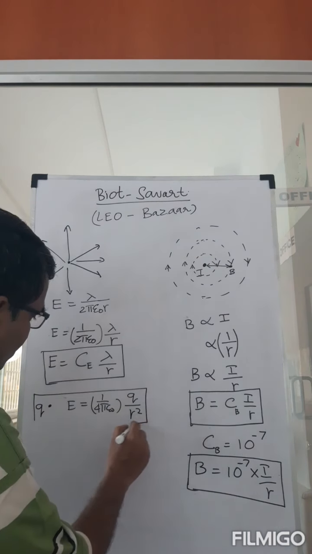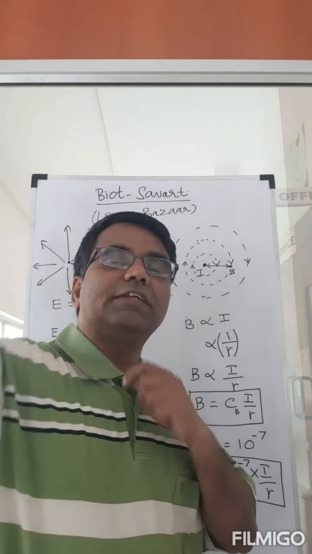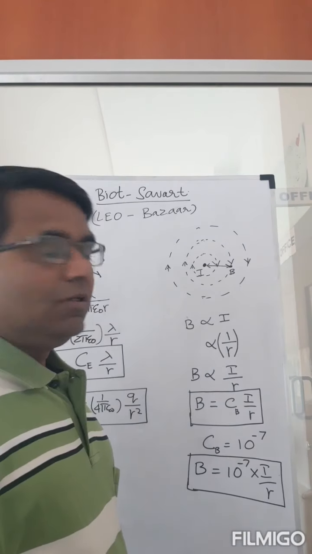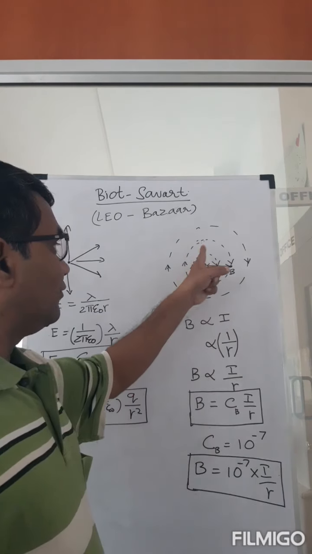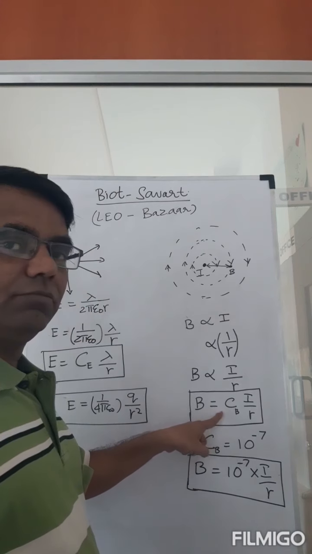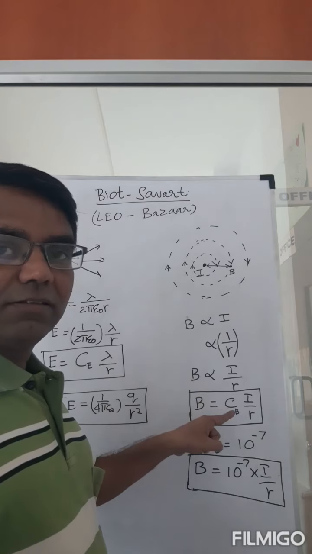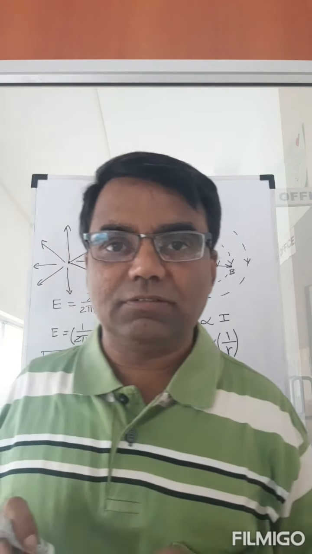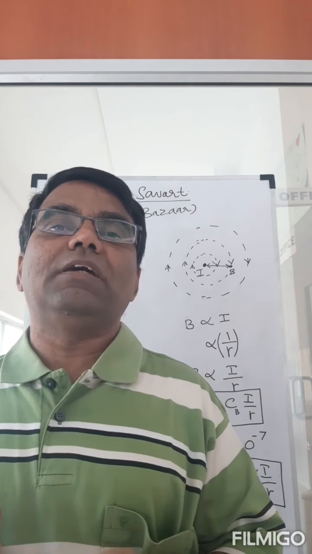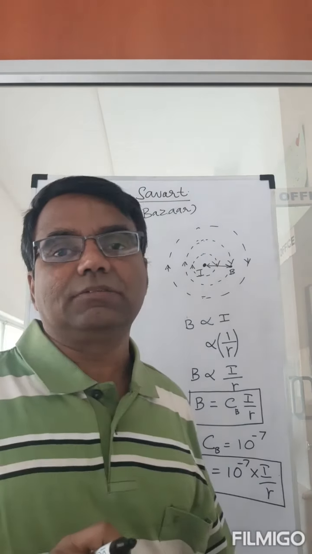Because this was true for a small charge, this is true for an infinitely long wire. So for this long wire which carries current, this is true, which means that if there is a small charge, like a point charge, a magnetic charge or something, then that should also follow this kind of a structure.